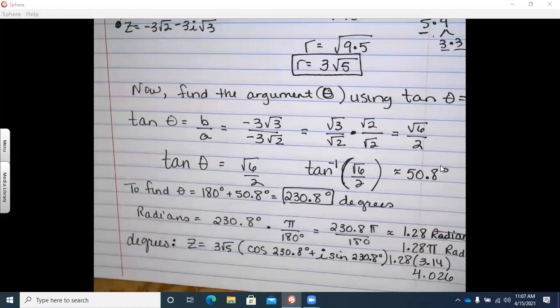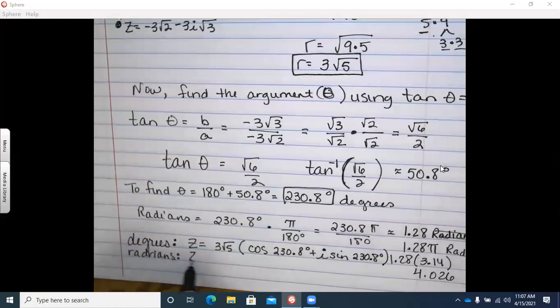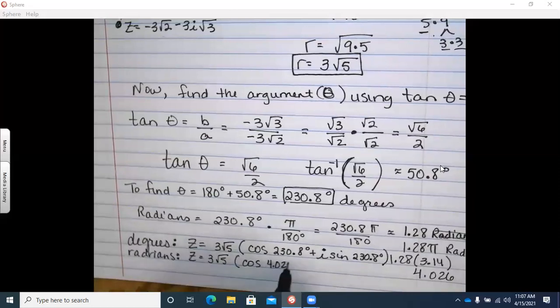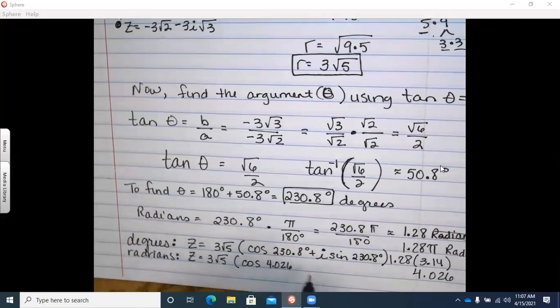If you want it written in terms of radians, z equals 3 times the square root of 5 times cosine of 4.026 plus i times the sine of 4.026. Coolio?